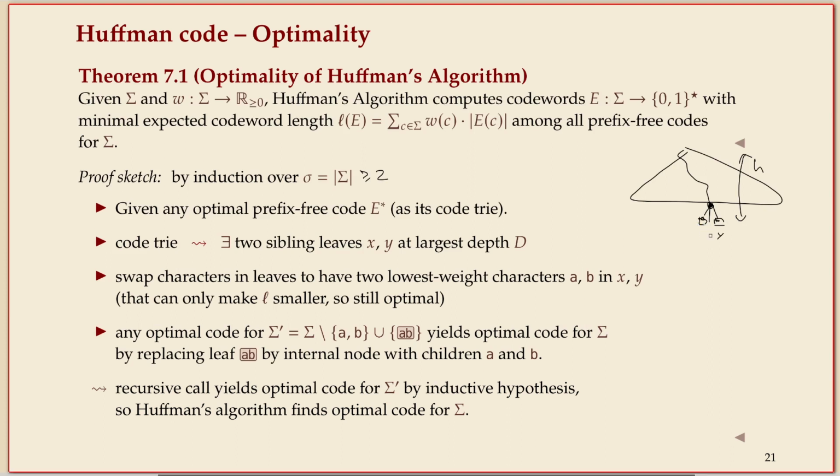So maybe I should make these a little bigger and write A and B inside. So what's inside the leaves is the character that's represented there. And the node itself is called x and y.